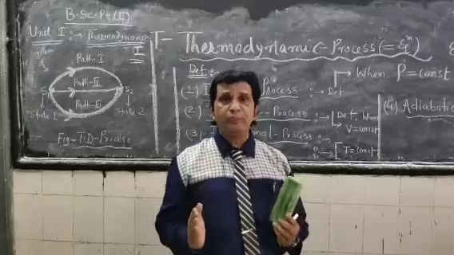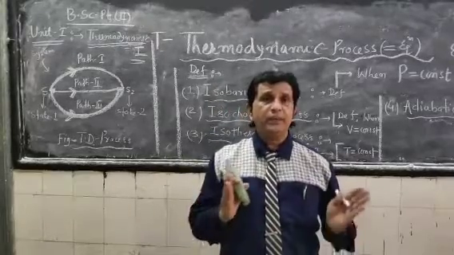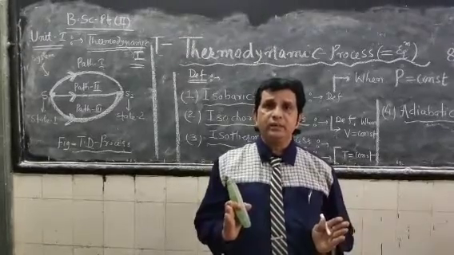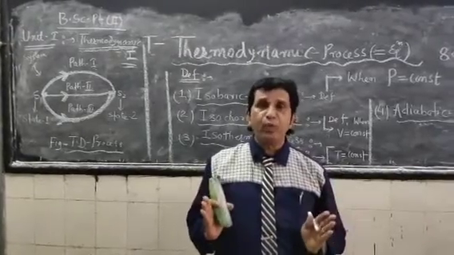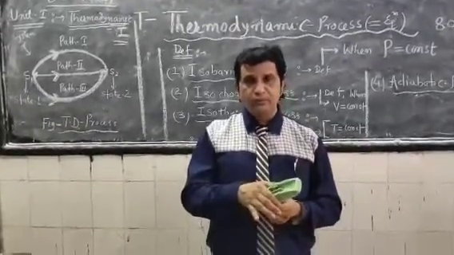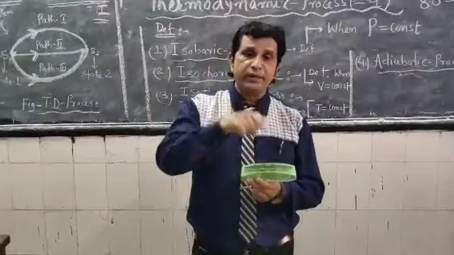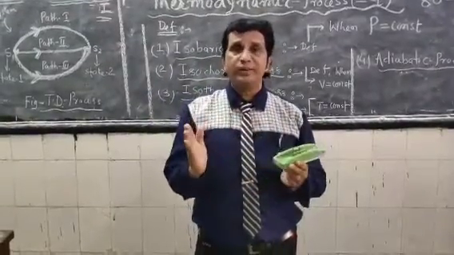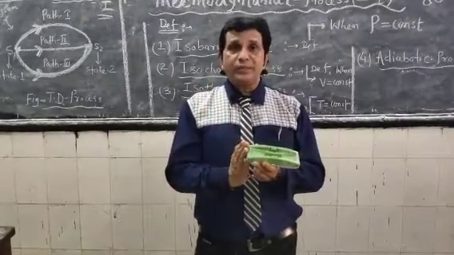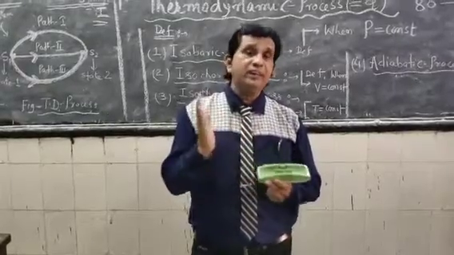We also defined state function and path function. I would like to explain them once again in compact form. State functions are those functions depending upon the initial and final state, but independent of the path. Path functions depend upon the path but are independent of the initial and final states.